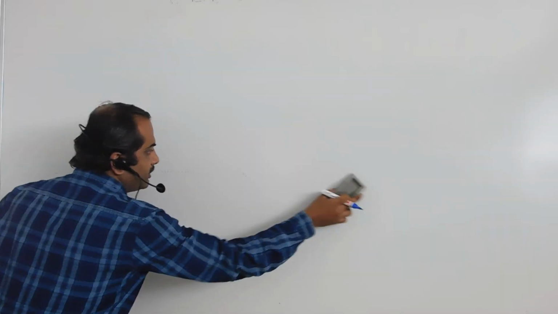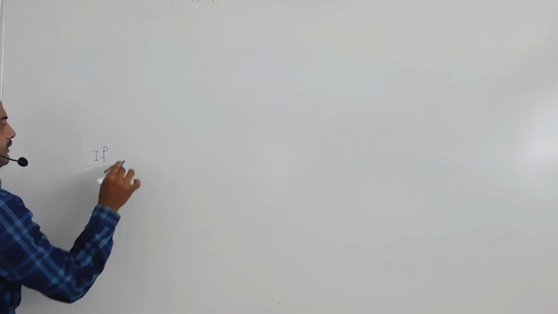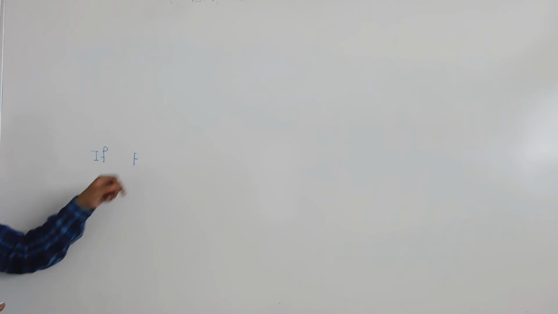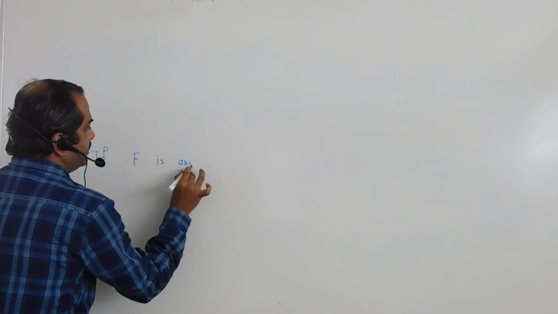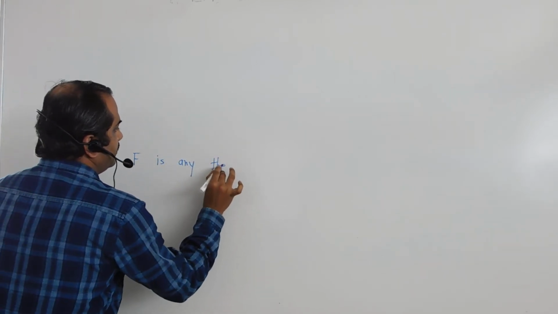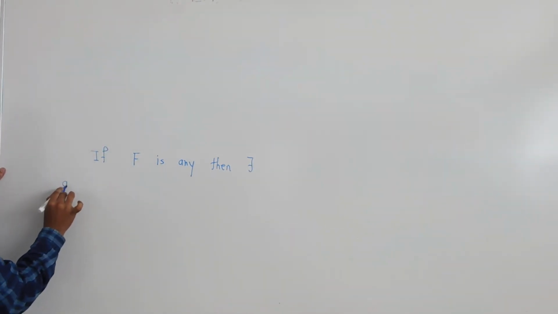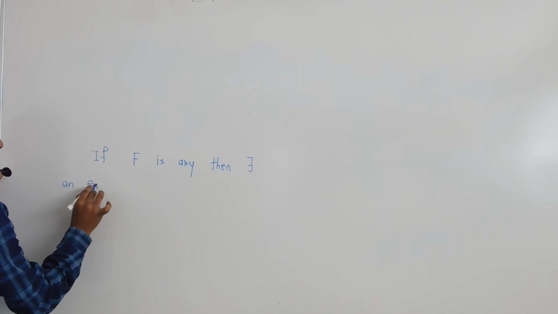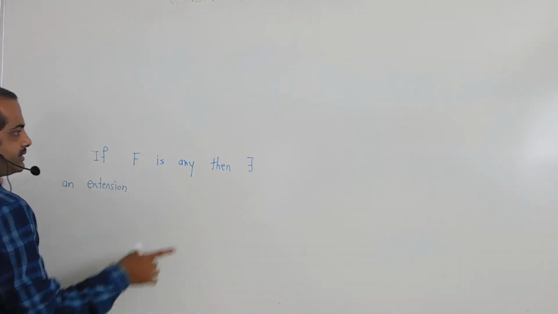In other words, if F is a field, then there exists an extension. We don't know whether it is finite or not, but it always exists.